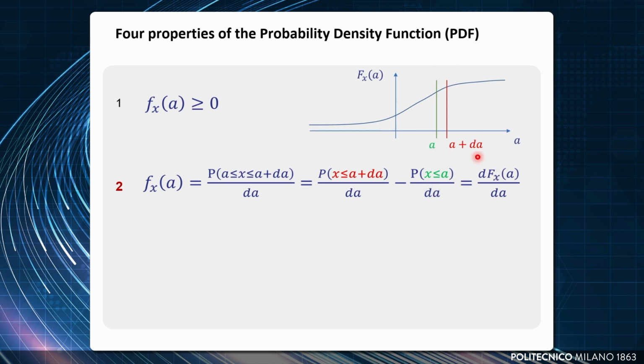You see that in this plot over here. If we divide this difference by the infinitesimal interval dA, we get exactly the definition of first derivative. And so the probability density function is the first derivative of the cumulative function.